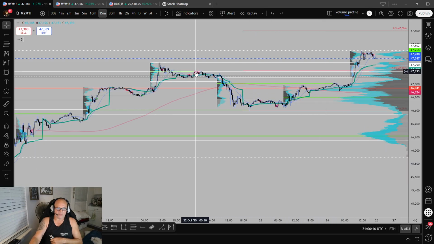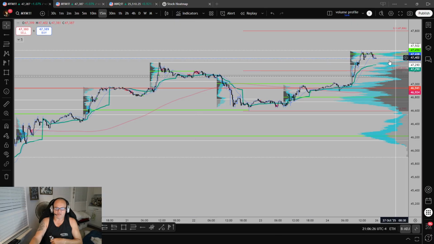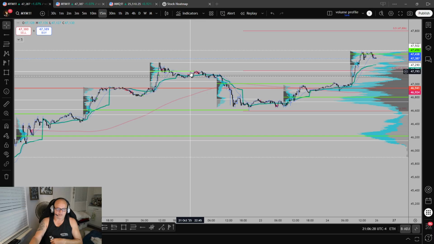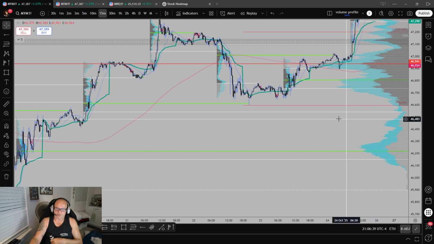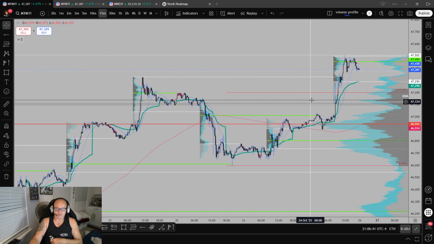So this point of control obviously was taken out, but because it is the last one that we went through below current price, I would mark this out and keep it in mind for when price comes down into this area come Monday morning, because we are pretty close to it. We could come back to it and see what happens there.